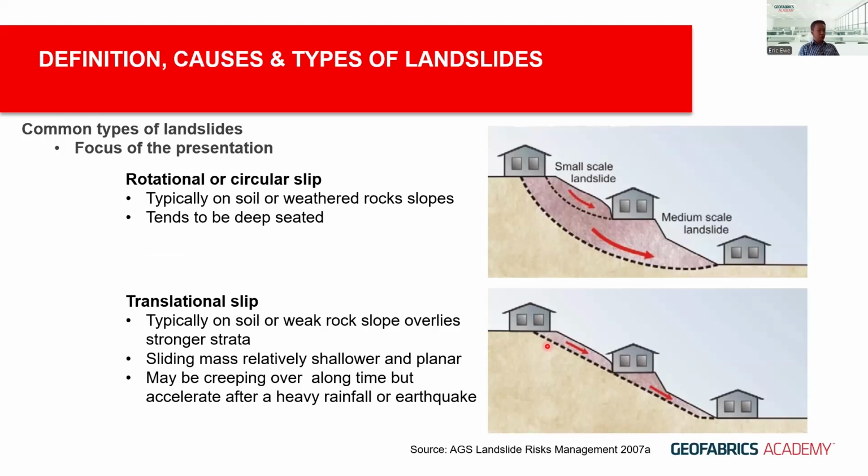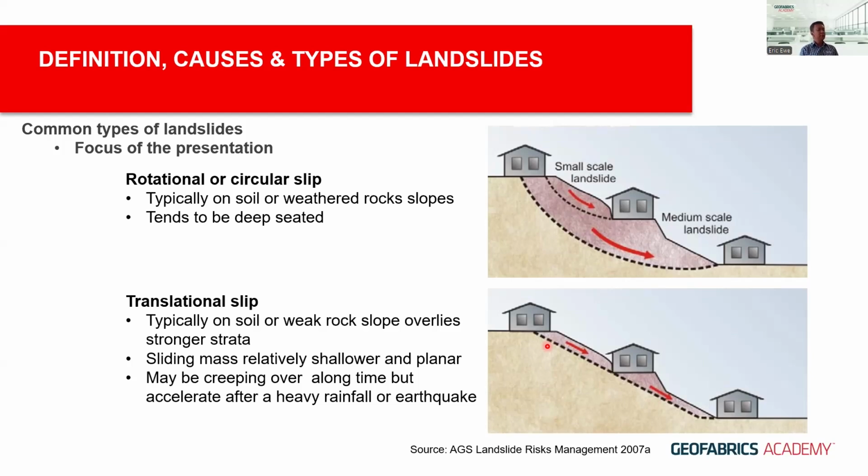These are the two most common landslides and will be the focus of the presentation today. They are the rotational or circular slips that typically occur on soil or weathered rock slopes and tend to be deep-seated. And obviously the focus is what to do after the landslide has occurred, i.e. the reinstatement.